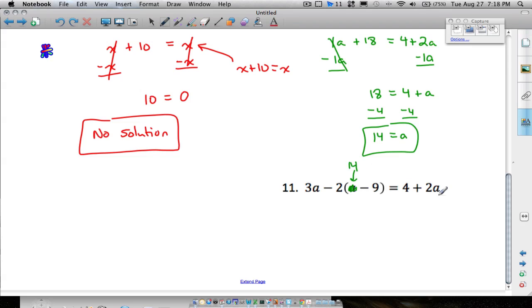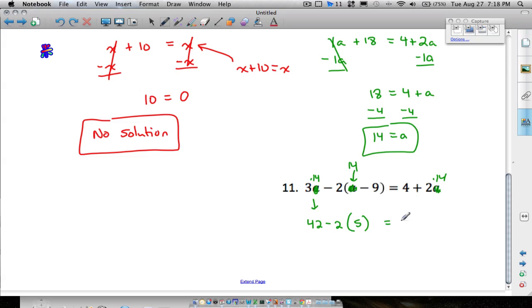Plugging 14 in, and we're going to plug 14 in right there. So that becomes 2 times 14. And we got to plug in 14 right here. So this becomes 3 times 14. 3 times 14, that becomes 42. Bring down the minus 2. Inside of the parentheses, 14 minus 9 is 5.